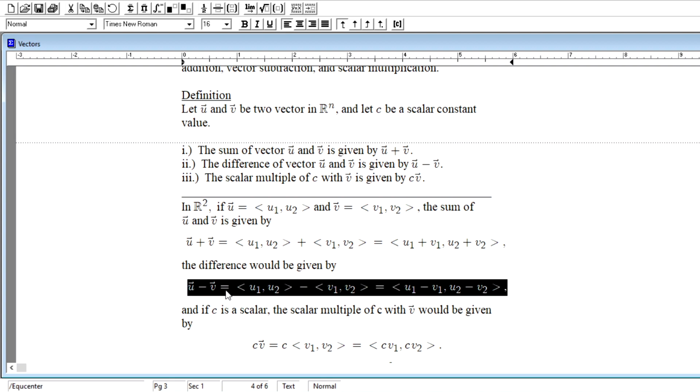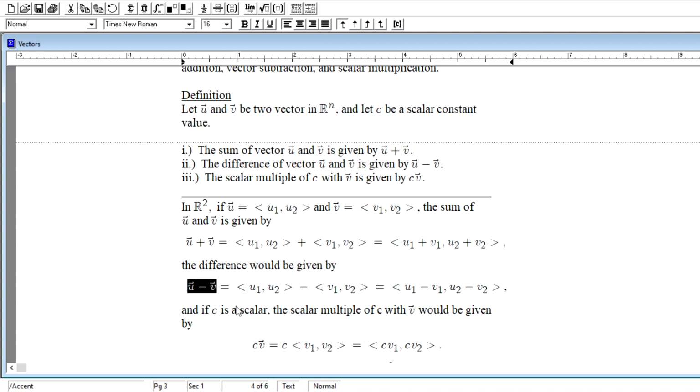Similar results are seen for the difference of two vectors. u minus v does mean u1, u2 minus v1, v2, where we find the components in that difference by taking u1 minus v1 for the first component and u2 minus v2 for the second component.